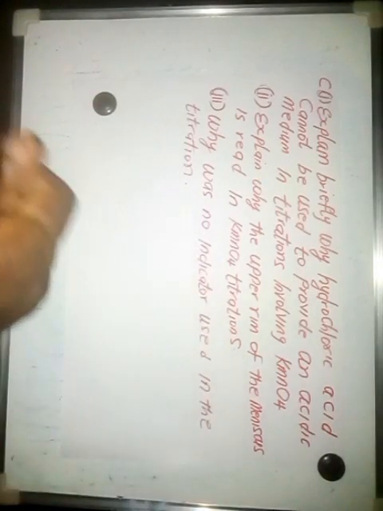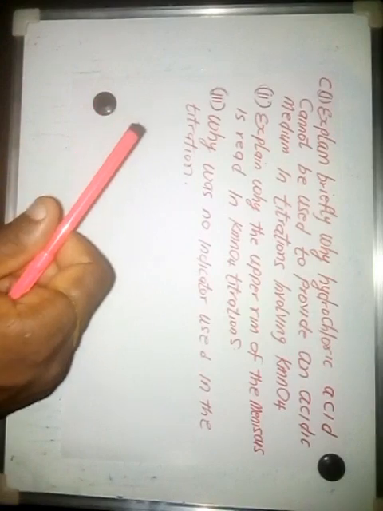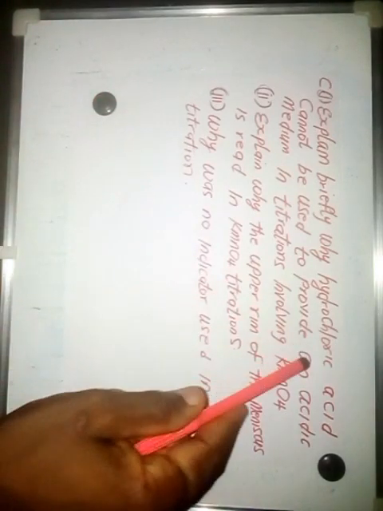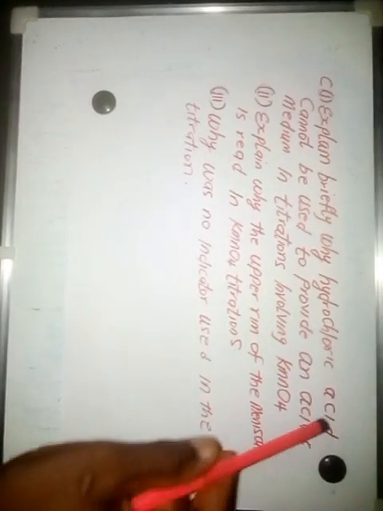That is the first step before you start to titrate. KMnO4 is a strong oxidizing agent in an acidic medium. But in this question, they are asking, since both of them are acids, why can you not use hydrochloric acid?